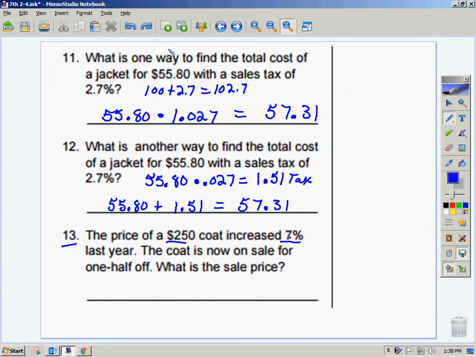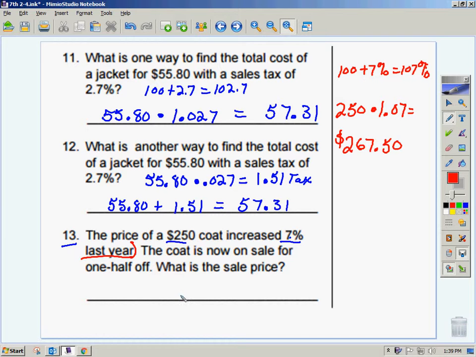So if I'm looking at that, I would have had 100% plus the 7%, or 107%. So I had $250 times 1.07. If I take 250 times 1.07, it gives me 267.50. That's what it was at the end of last year when I marked it up.